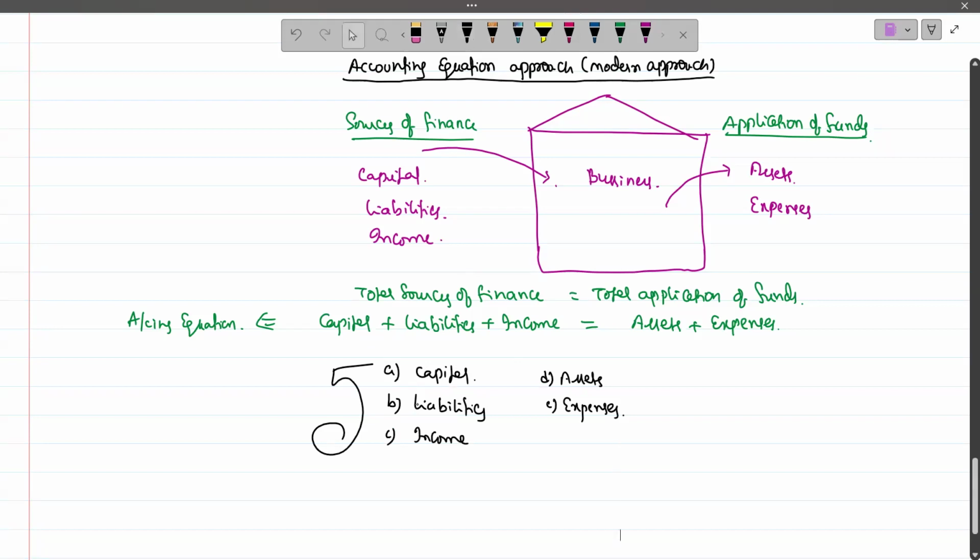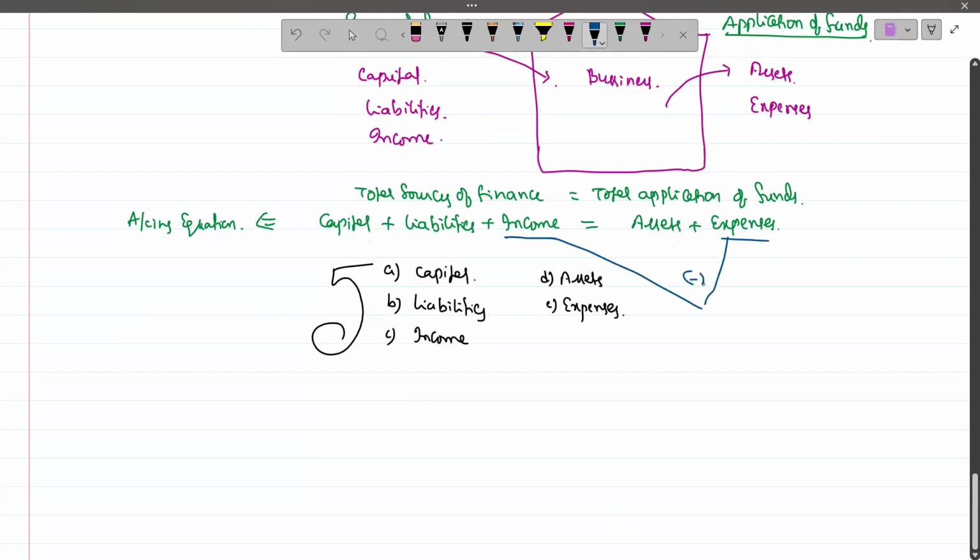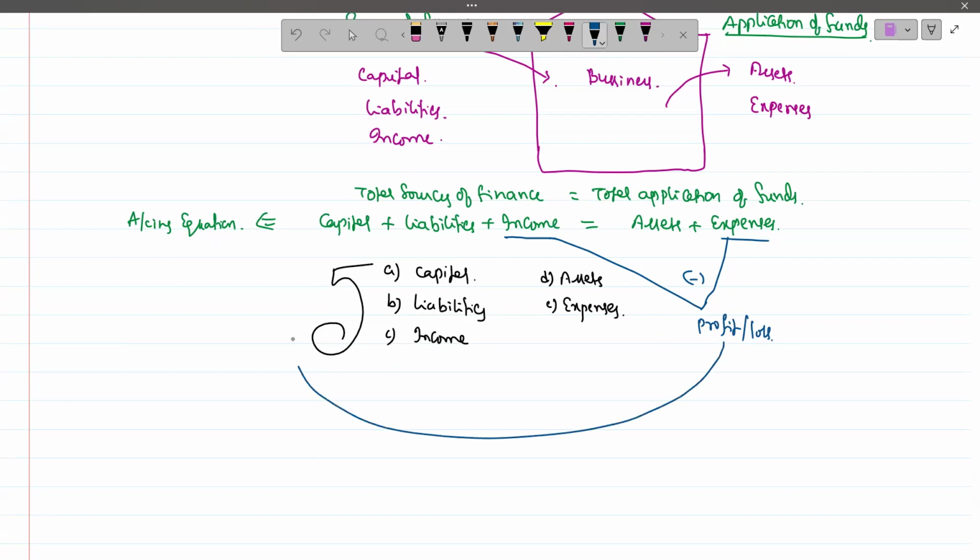And as we discussed, generally the difference between income minus expense is technically called what? Either profit or loss. The profit or loss is transferred to what? Capital.